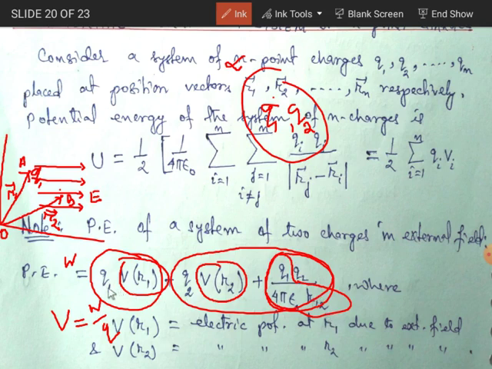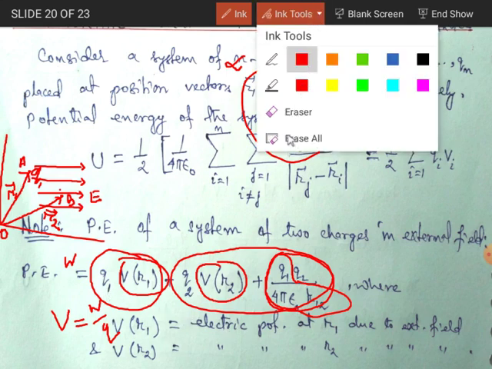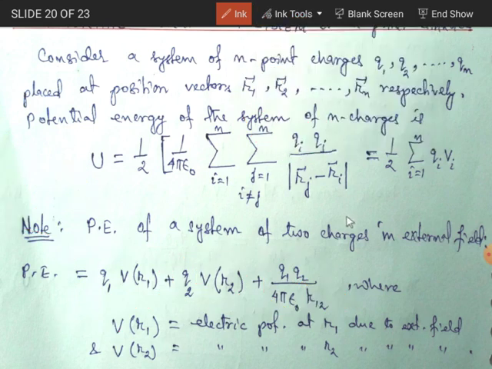If you want to find out the total work done, you need to add up all these work done, and then you will get what is known as the total potential energy of the system of charges when you bring that system of two point charges inside an external field.